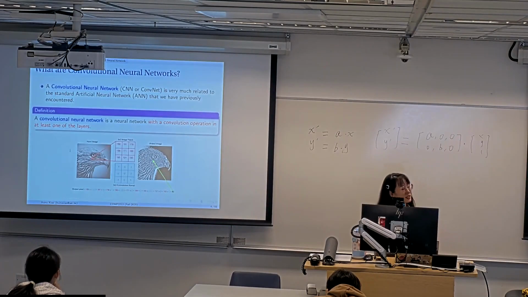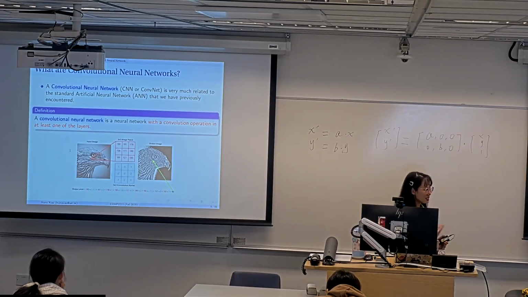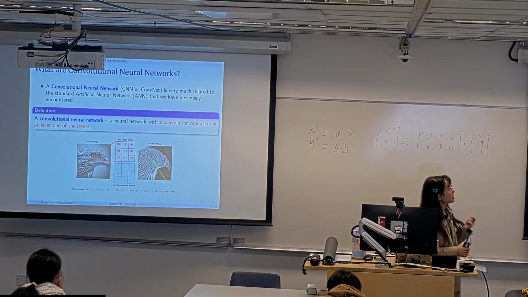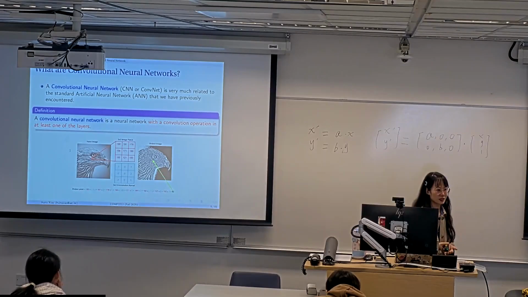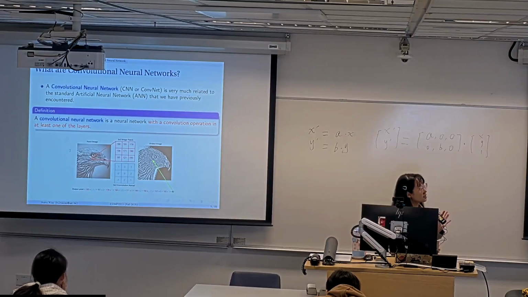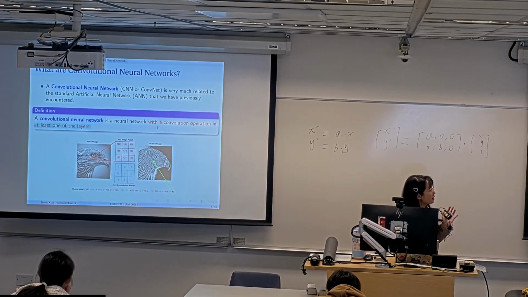And what are CNNs? When we're talking about CNN, what exactly is this type of artificial neural network? It's very much related to the standard artificial neural network that we have previously encountered, the multi-layer perceptron. But when we're talking about CNN, we mean that it must have at least one layer with a convolution operation.